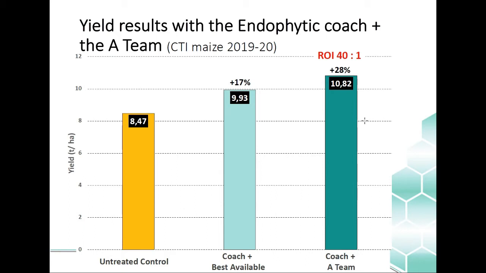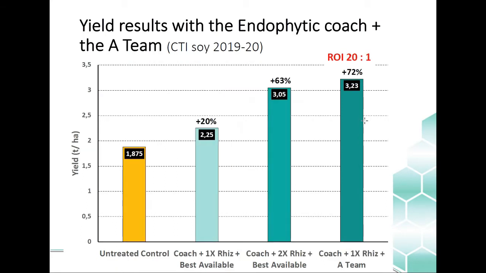So this is obviously one trial at one site, one year. It's a statistical trial, but we're just looking for a trend. We're very excited to repeat this trial at different locations and see how we can get closer to the truth. We also did it on soybeans, and on soybeans it was also interesting.